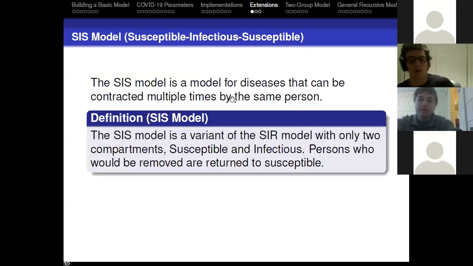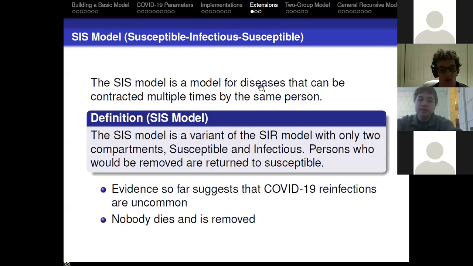So now I'm going to talk about a few extensions on the classic SIR model, so that's susceptible, infectious, removed. So one is the SIS model, which stands for susceptible, infectious, susceptible. This happens when the same person can contract the disease multiple times. So persons who would be removed are instead just returned to susceptible.